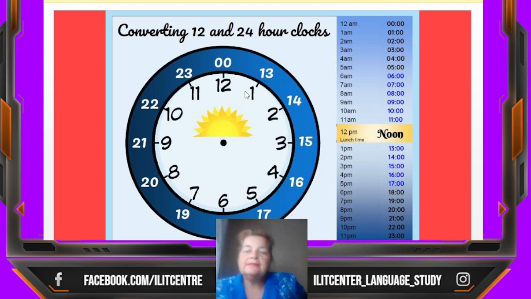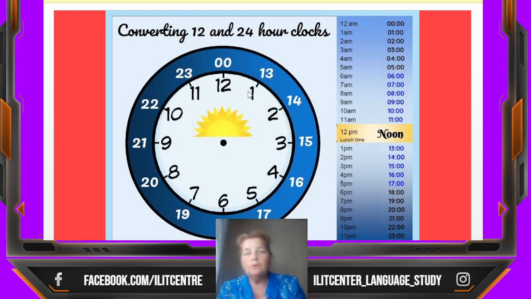Okay, let's revise, let's summarize. When we say the time in the morning, we say 1 a.m., 2 a.m., 3 a.m., 4 a.m., 5 a.m., 6 a.m., 7 a.m., 8 a.m., 9 a.m., 10 a.m., 11 a.m., and 12 p.m. Then it's noon, lunchtime.